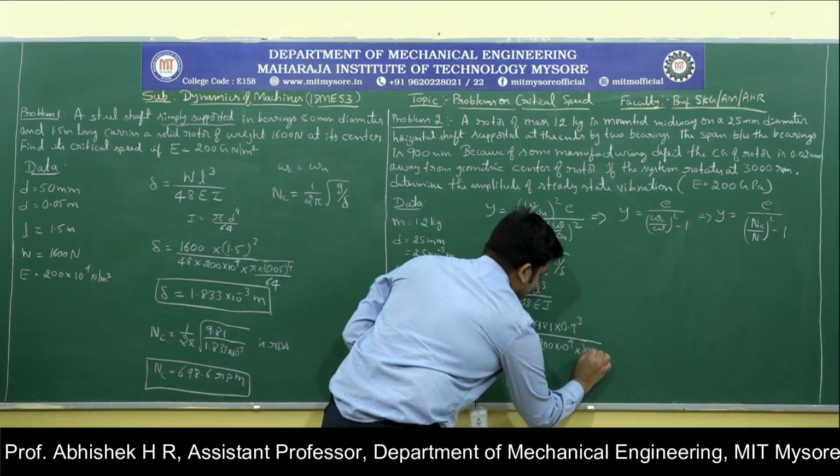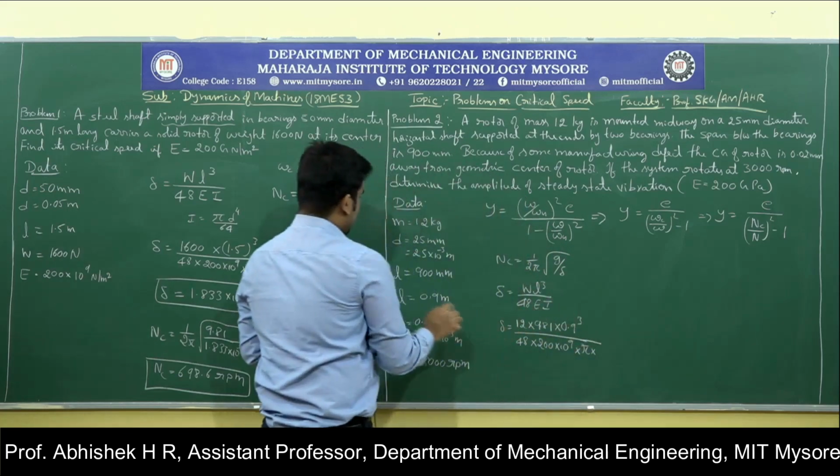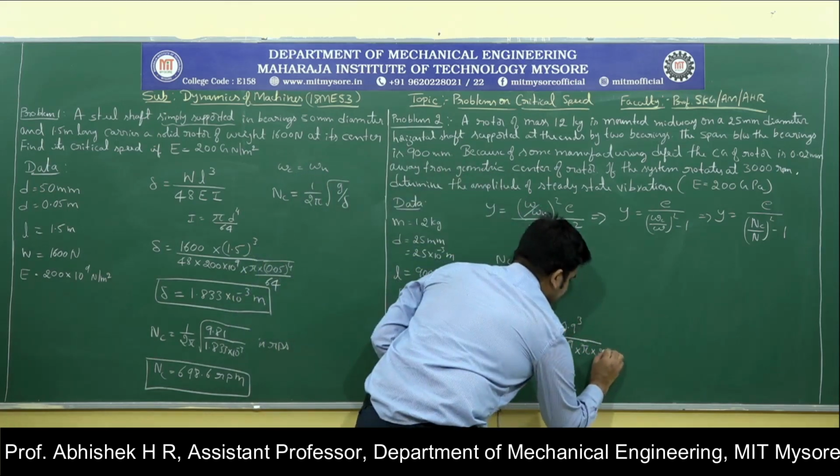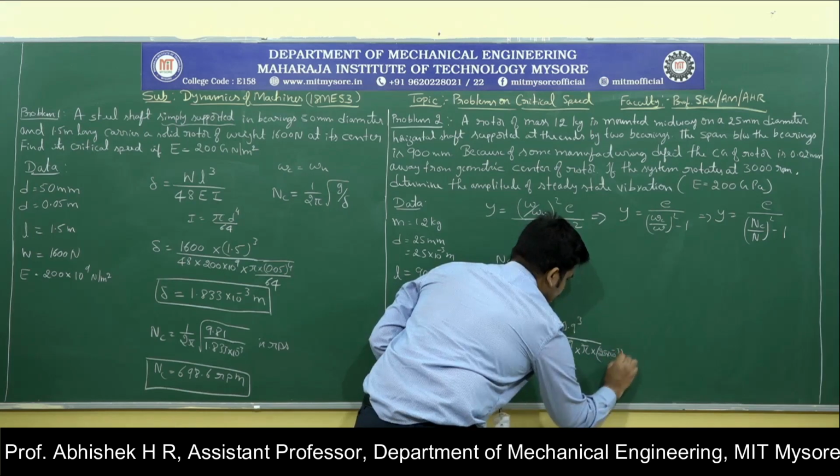I is pi d to the power of 4 by 64, where d is 25 into 10 to the power of minus 3, whole power 4.